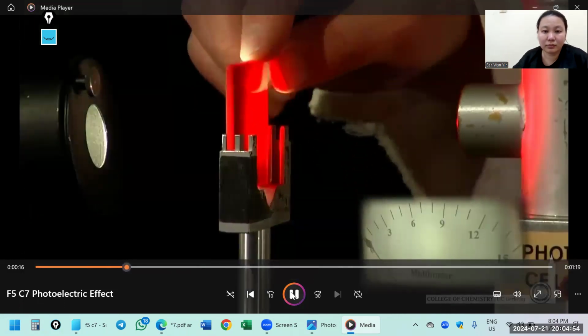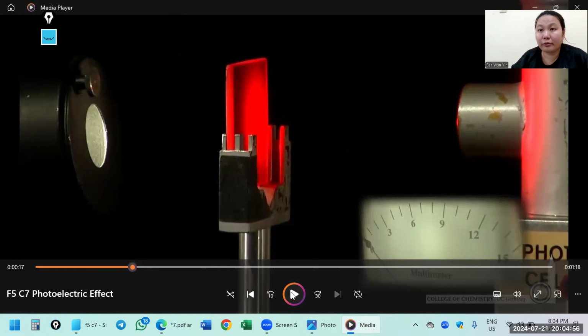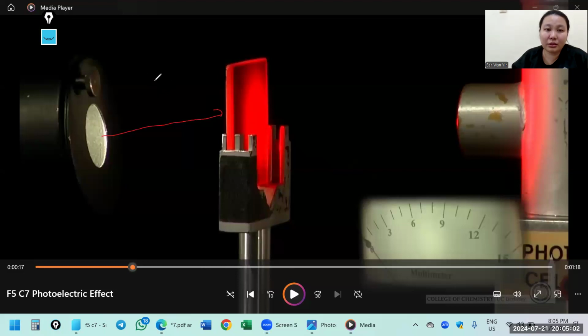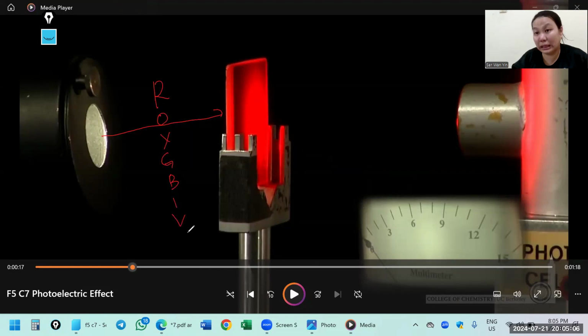If he puts a red filter in, means now, before this we got Roy G. Biv, red orange yellow green blue indigo violet. After this filter, only got what? Only got red ray.